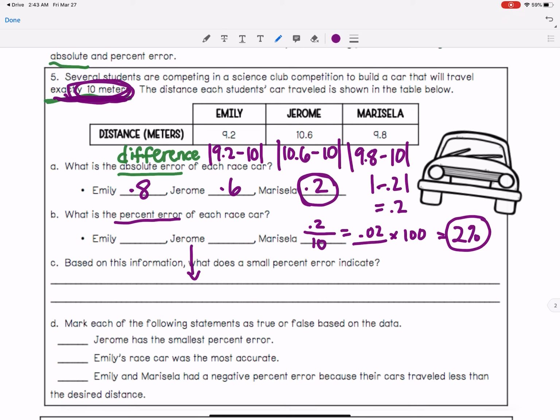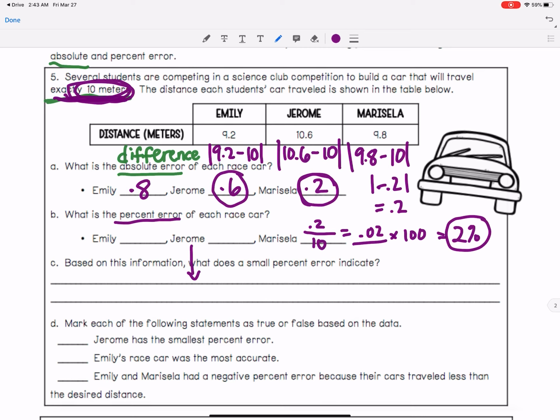Okay, for Jerome, we have to take the answer up above, which is the absolute error. To get that, we did all this math right up above. So I'm going to take 0.6 and put it over my exact value. Whatever answer that gives me, I'm going to times that by 100, and that's going to give me a percentage.